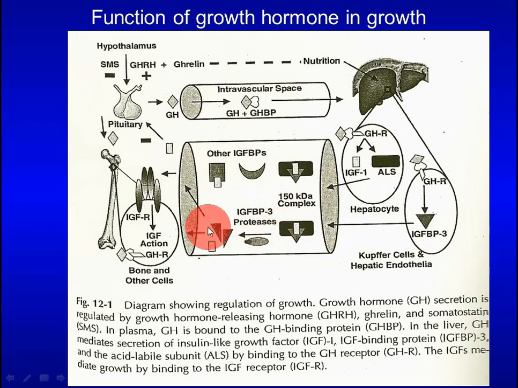When IGF arrives in the bone, it binds IGF receptor, which in turn promotes bone growth. Therefore, growth hormone controls skeletal growth indirectly by regulating synthesis of IGF-1.